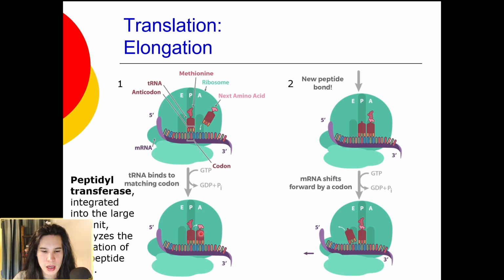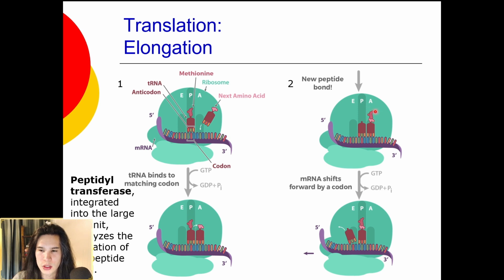So your tRNA bringing the amino acid is dropped off, and then peptidyltransferase is going to fuse these amino acids together by forming a peptide bond between them. So peptidyltransferase integrated into the large subunit catalyzes the formation of the peptide bond between the amino acids.